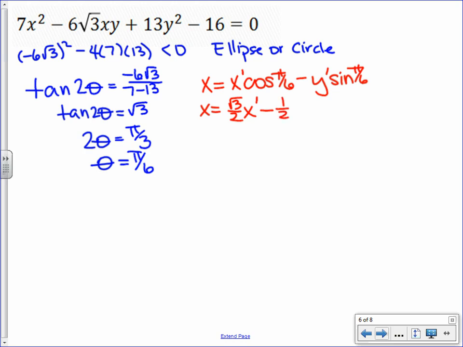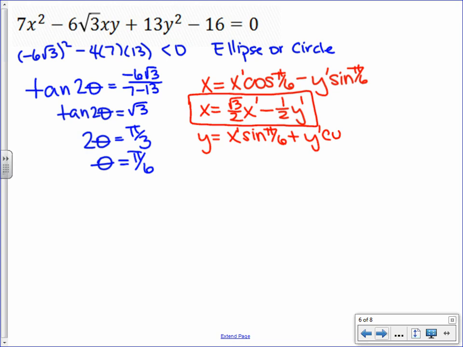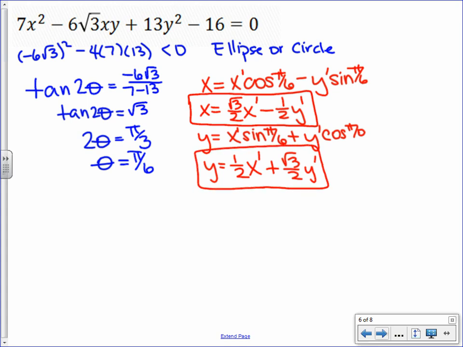So minus 1/2 y prime. There's our x substitution. I'm going to box it so we can pick it out easily later. Our y substitution: y becomes x prime sine of theta plus y prime cosine of theta. The sine of pi over 6 we decided was 1/2, so 1/2 x prime plus radical 3 over 2 y prime. I'll box it so it's easy to pick out later.